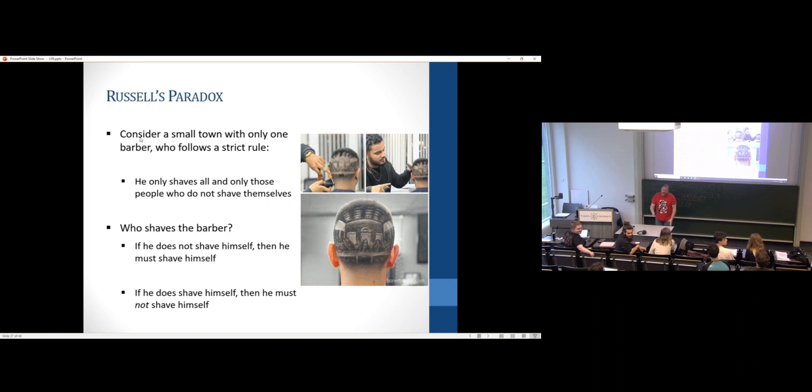If he does shave himself, he can't. That would break the rule. And if he doesn't shave himself, then he has to, because of his rule. No matter what the barber does, something bad happens. If he shaves himself, he breaks the rule. If he doesn't shave himself, he breaks the rule. Bad stuff either way. This is the paradox.